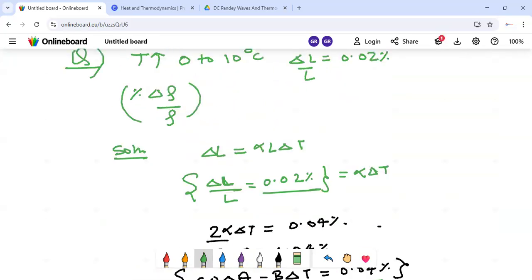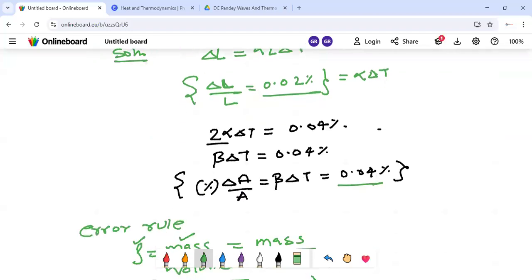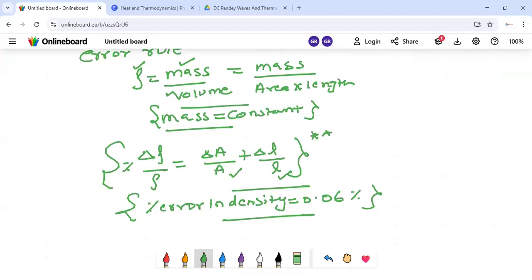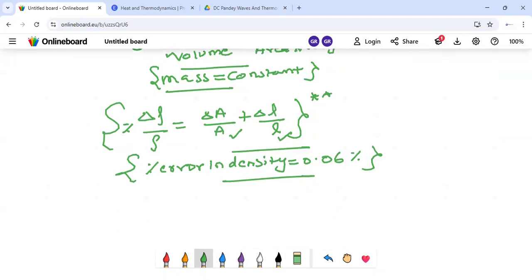Yes, Bhavesh, the only reason why I took volume as area into length is that I didn't want to assume it like a cube. That was the only reason. But what you said is totally fine. We can get the answer from that also.